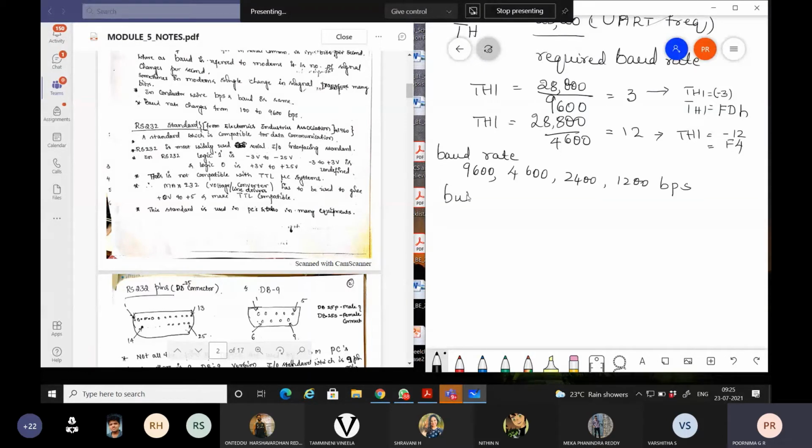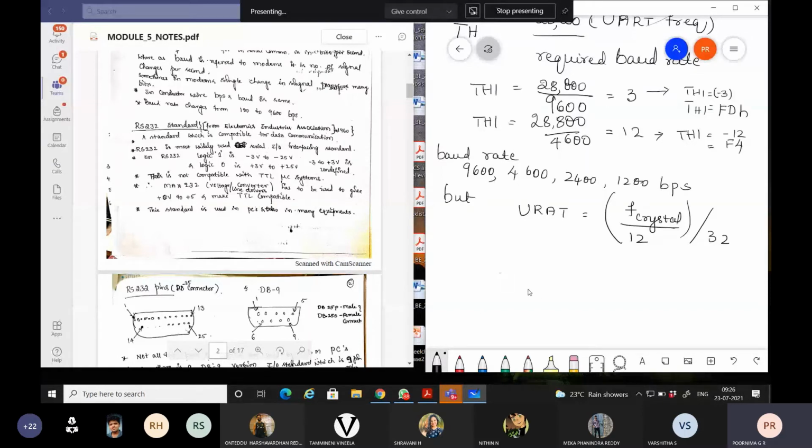But UART runs with F crystal divided by 12, and that whole thing divided by 32 is the UART frequency. With respect to that frequency, the TH1 value can be computed. This is how to set a baud rate for the required number of bits per second in serial communication. This is the process you need to follow.